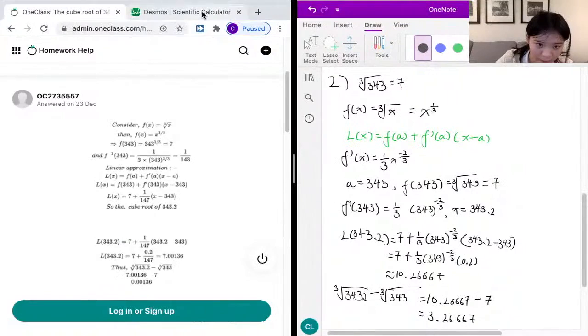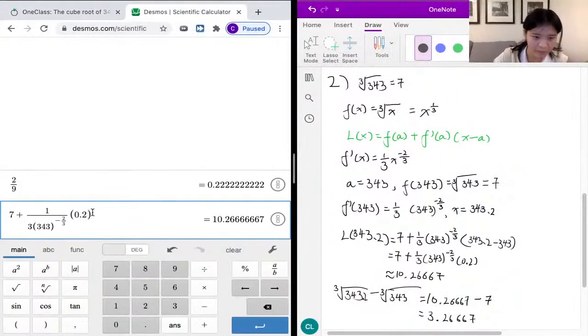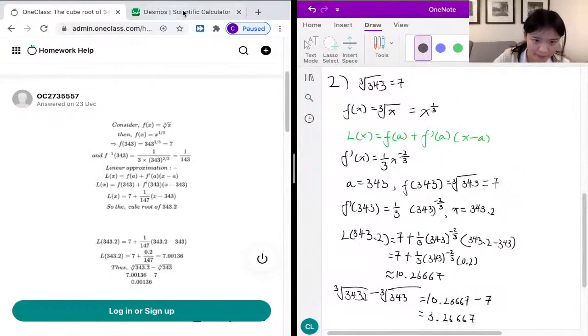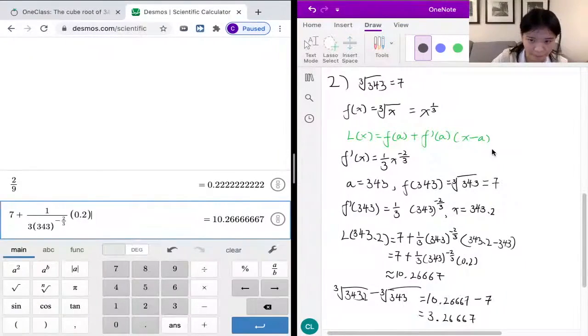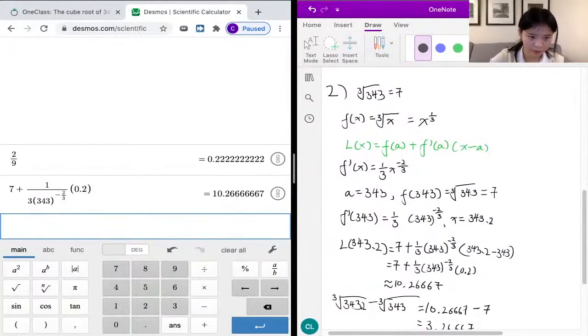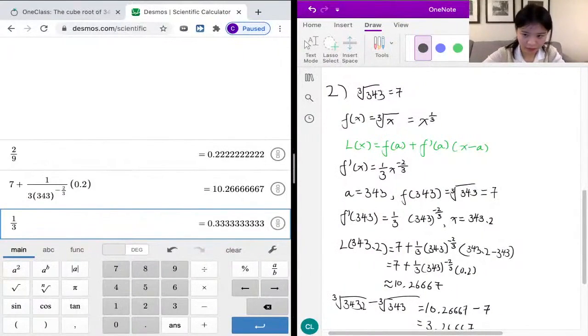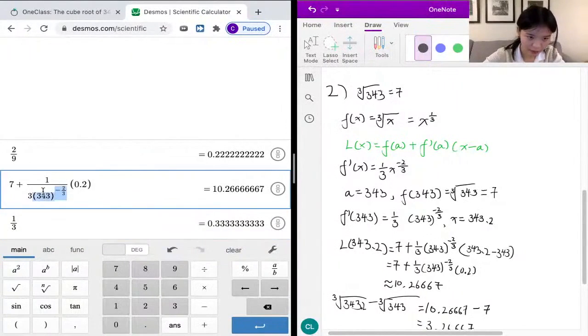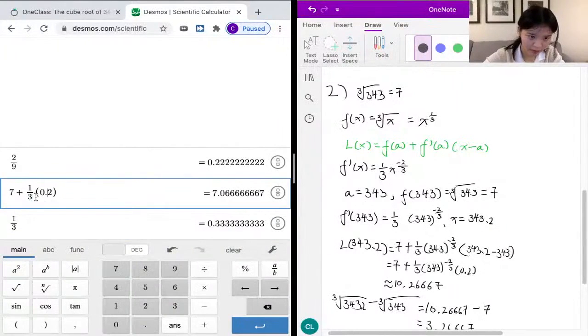So let's see over here. 1 over 3 times 1 over 3 times, oh shoot, I think our calculation is wrong, because the 3 is supposed to be up on top instead of at the bottom, because it's multiplied.